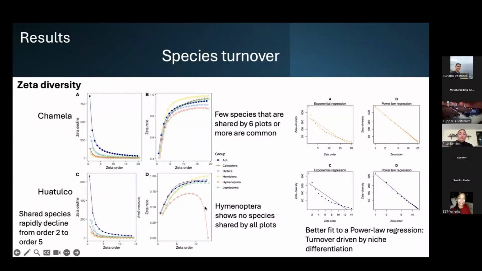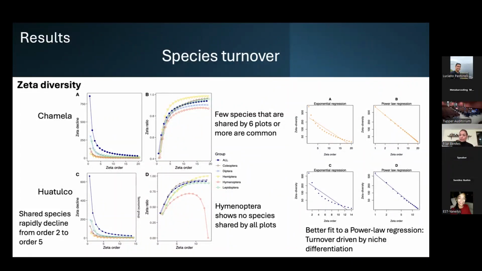In Huatulco, this is also true for all orders but Hymenoptera, which shows no species shared for all plots, and points to a complete turnover of this order across plots. So here we have the fit of this zeta decline to either exponential regression or power law regression.